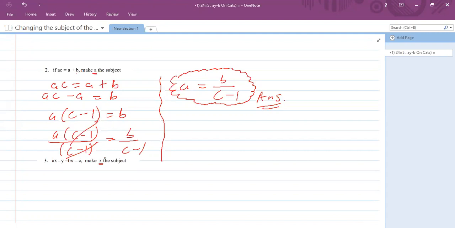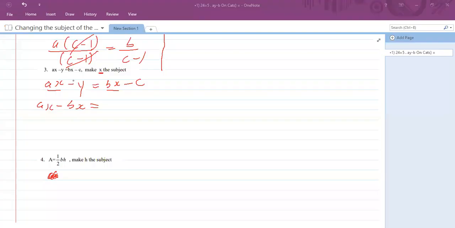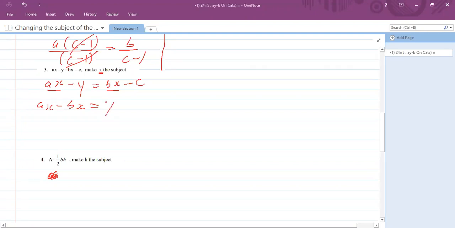So I need everybody to try that for me, right? This is negative Y. When you carry it to this side, it becomes positive Y, minus C. When you finish, we realize that they said we should make X the subject. So let's go one more time.